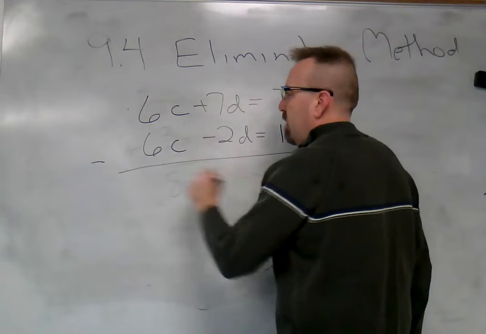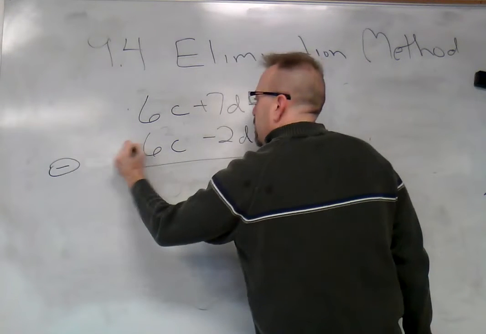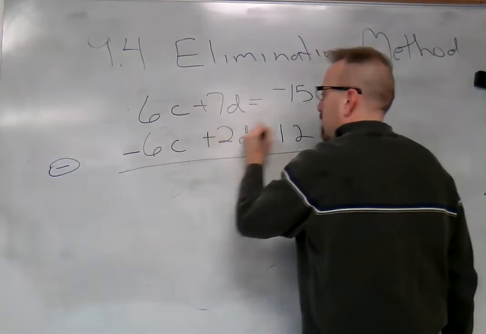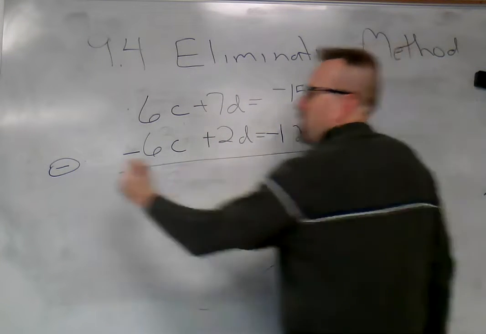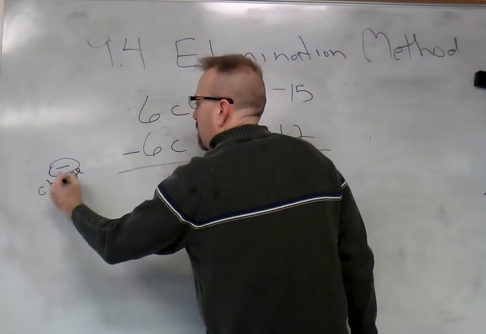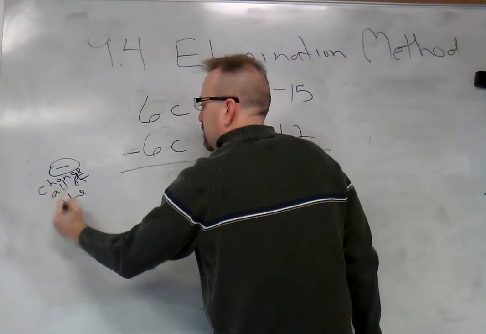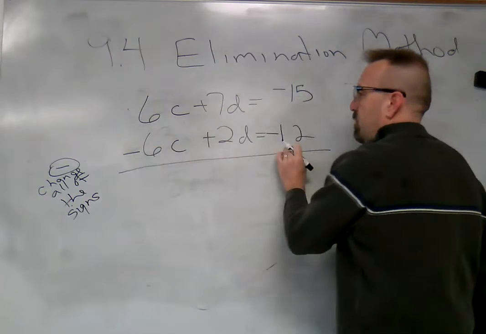If we're going to subtract, though, I'm going to write it out here. If we subtract, we have to change every sign, because we're basically multiplying by a negative. So we changed all 3 of them to the opposite.